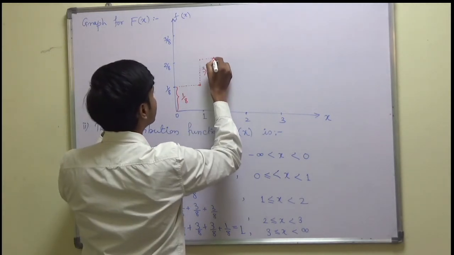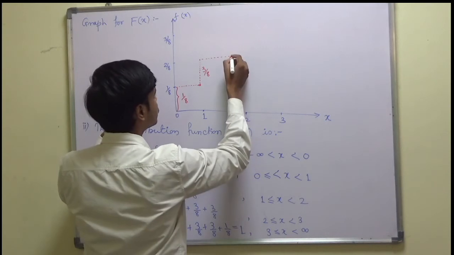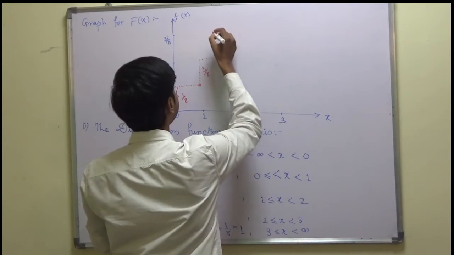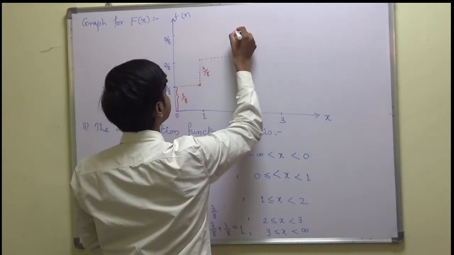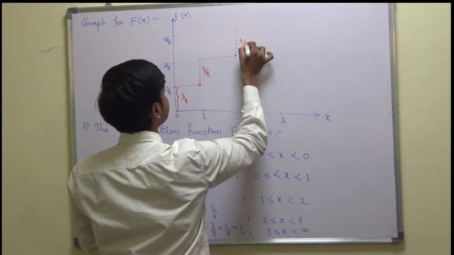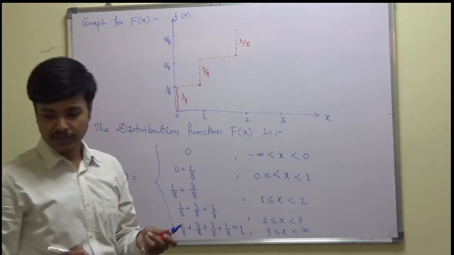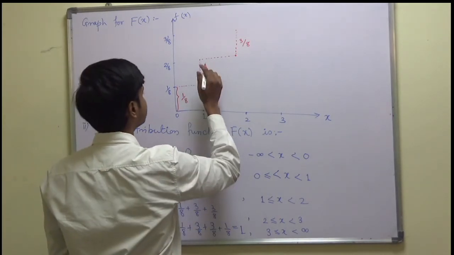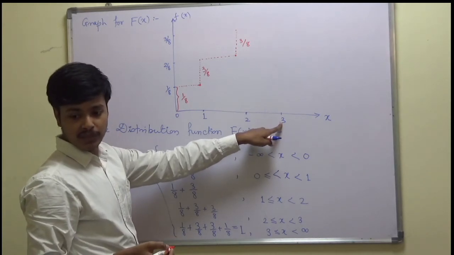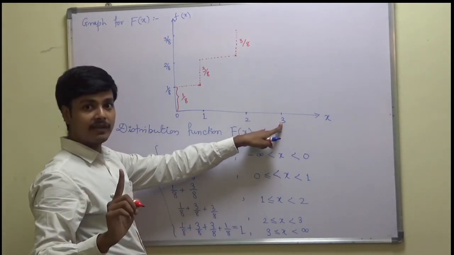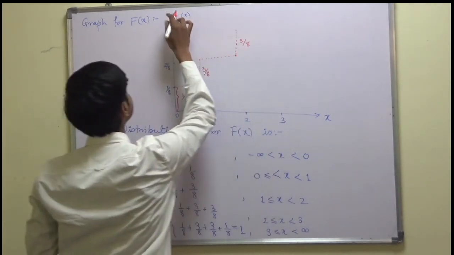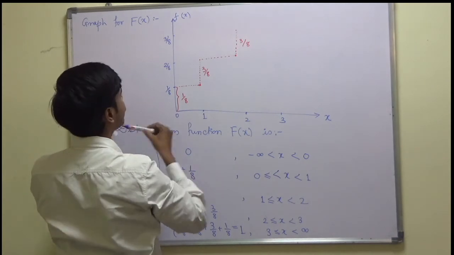Now for 2 I am having the value 3 by 8 again, so again I will be adding 3 by 8. And for 3 we'll be having the value 1 by 8.